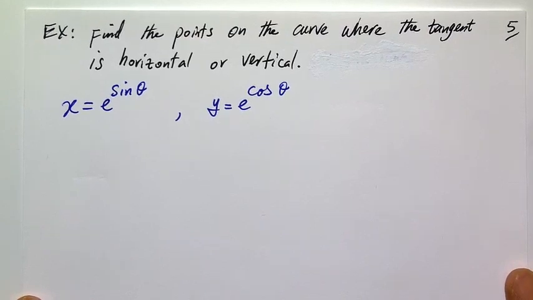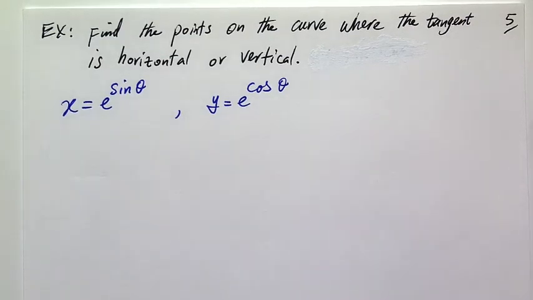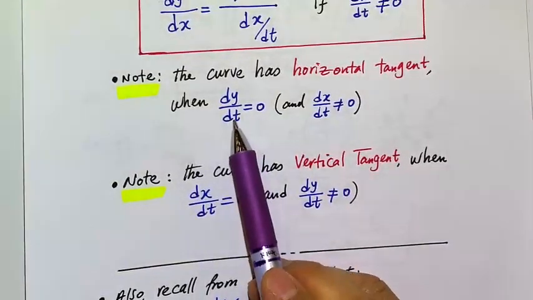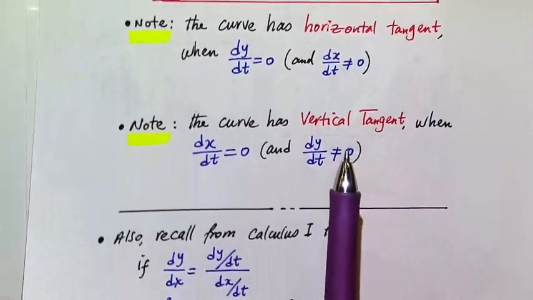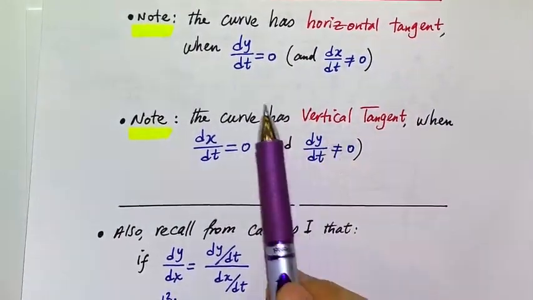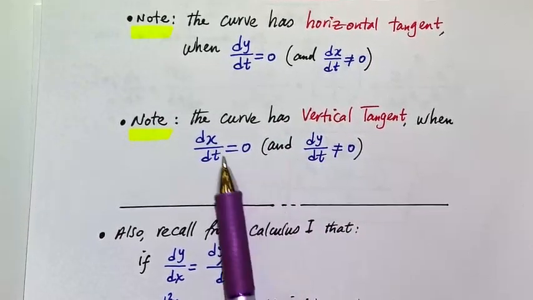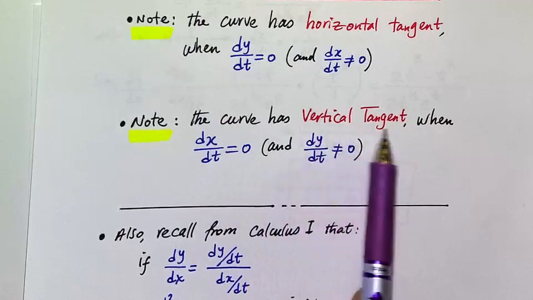Here, we're asked to find the points on the curve where the tangent is horizontal or vertical. This goes back to the first page, where we said that when dy/dt is equal to 0, we have a horizontal tangent, and if dx/dt is equal to 0, then we have a vertical tangent.